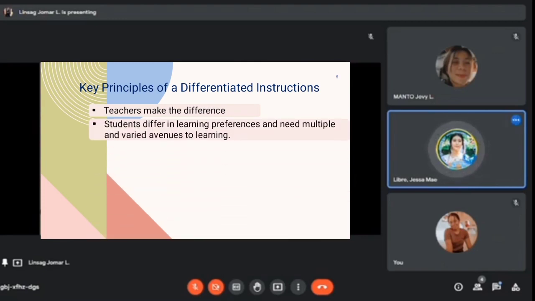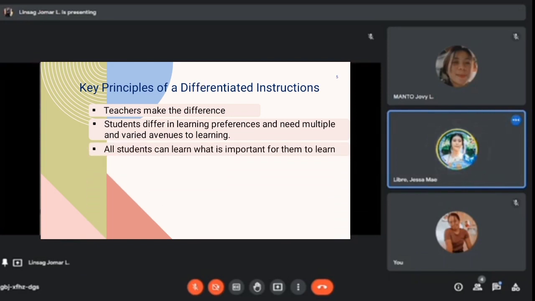Second, students differ in learning preference and need multiple and varied avenues to learning. So students need to be offered a variety of ways to show what they've learned in a way that reflects their individuality, and it should be used to see multiple pieces on how a student learns.